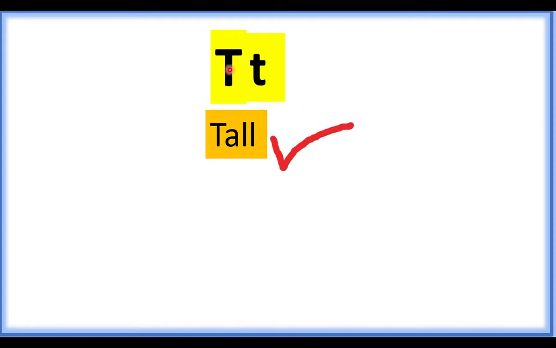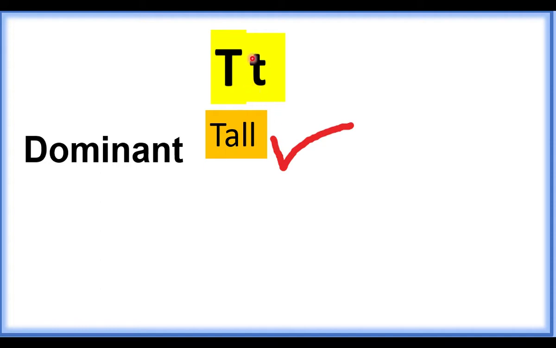When the two different factors are combined together during fertilization, one of the factors is expressed. The capital T is expressed. The character of capital T is tall. Tall is expressed, and that character is called the dominant character.